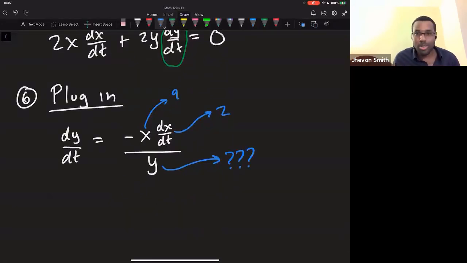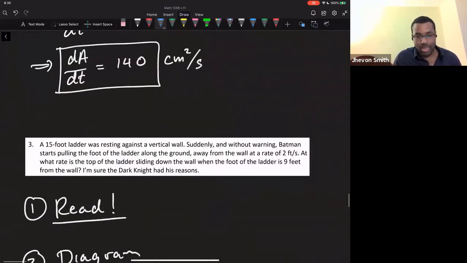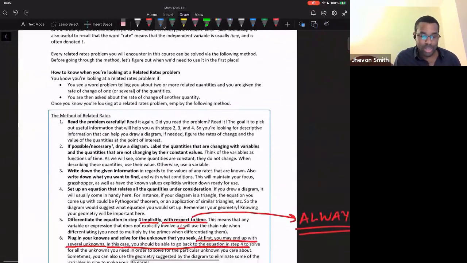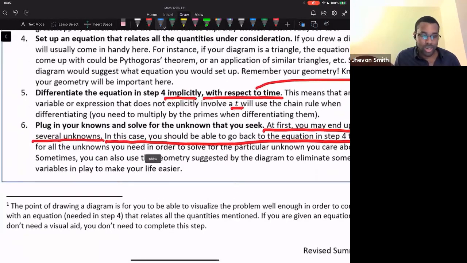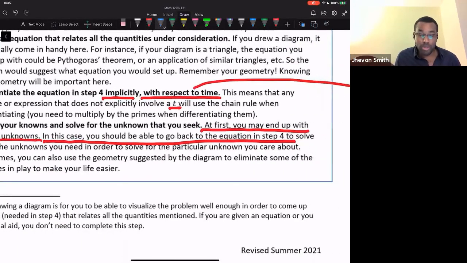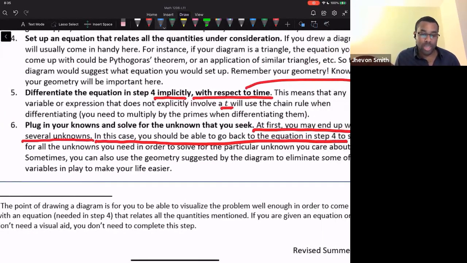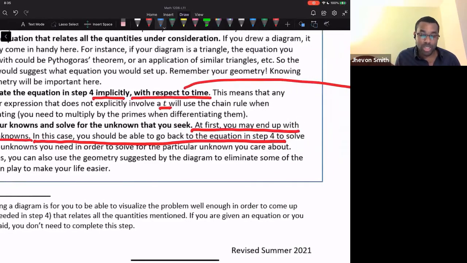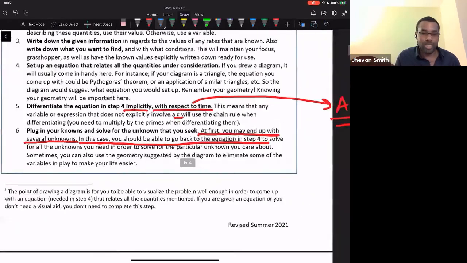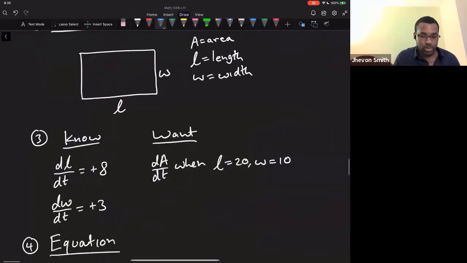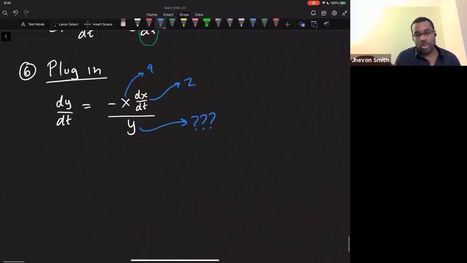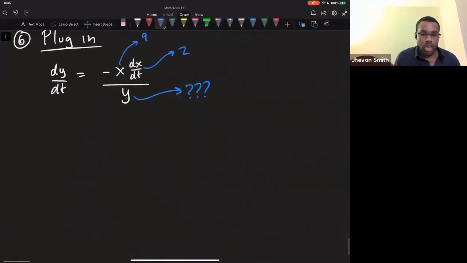What do we do when something is left out on purpose? Well, I read the steps very quickly, so just make sure that you know how to read it. At first, you may end up with several unknowns. In this case, you should be able to go back to the equation in step 4 and solve for the other guys. Whenever you realize something's missing, you go back to step 4.